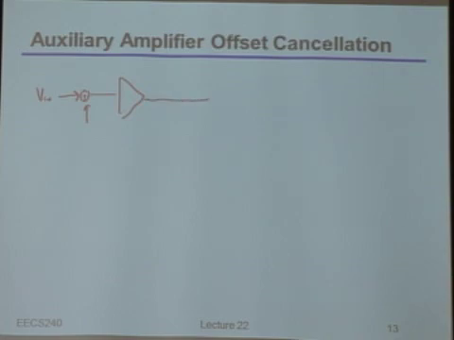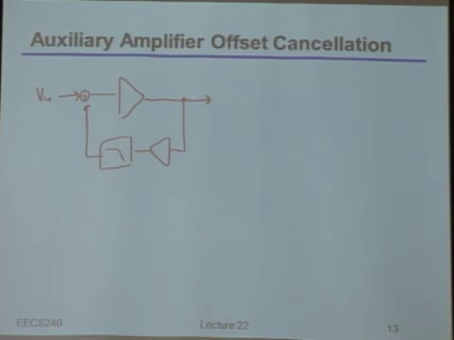So if I wanted to figure out the right signal to use to cancel that offset, conceptually what I could do is take another amplifier, measure the output, then low-pass filter the output of that amplifier and use it to feed back.